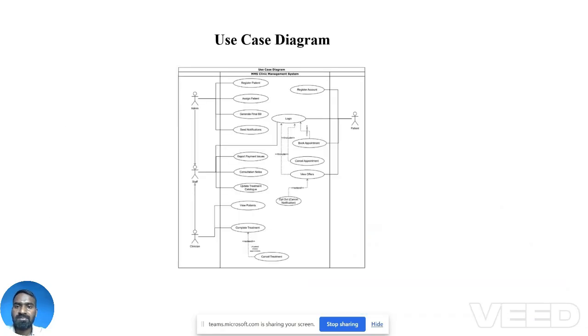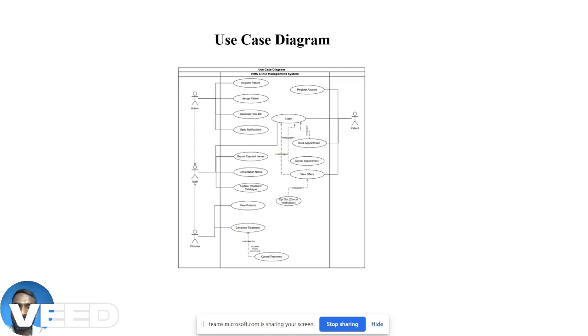Use case diagram. This is our use case diagram for the MMS system. We included the main actors: patient, clinician, administrator, and a general staff actor. The staff actor helps us avoid repeating use cases because both clinician and administrator share some tasks.